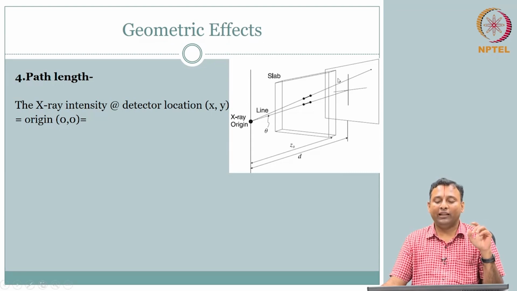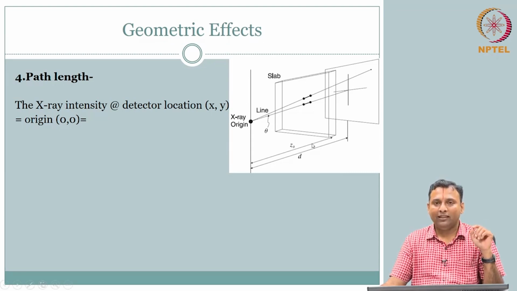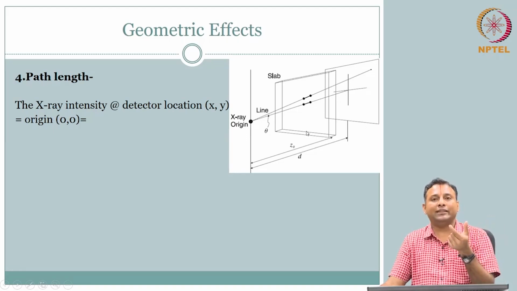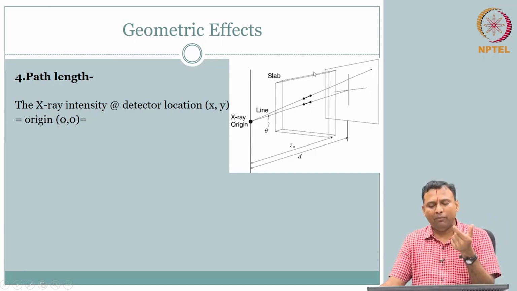Now if you have a slab, amidst the other geometric effects, what is going to happen? The X-ray that is going along the center is going to go through a path length of the object thickness, same material. What is at the origin here is going to be attenuated by a path length that is only delta x.